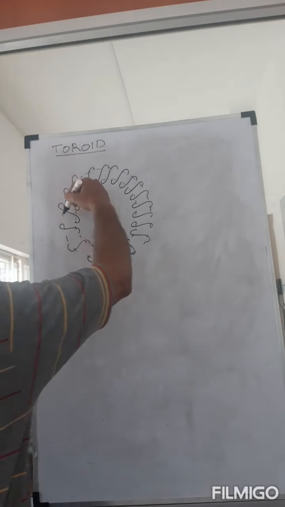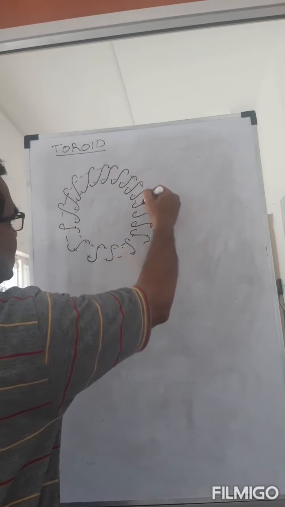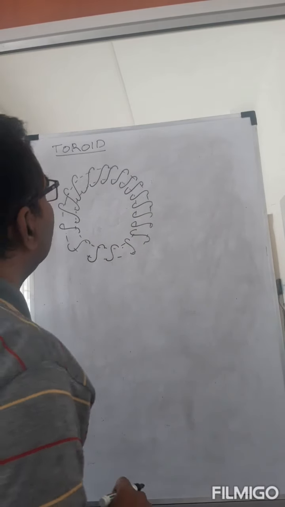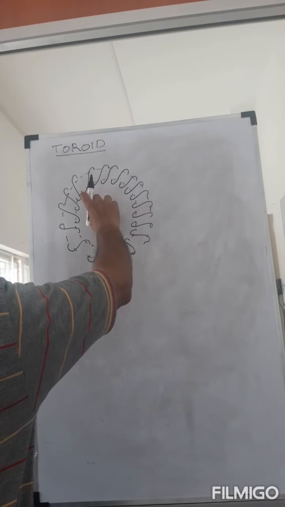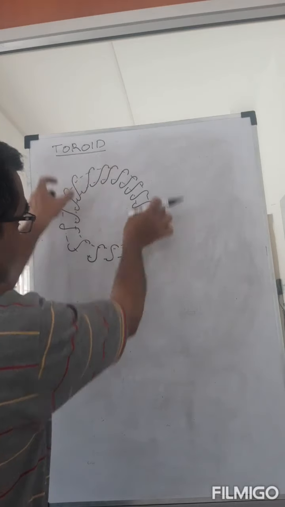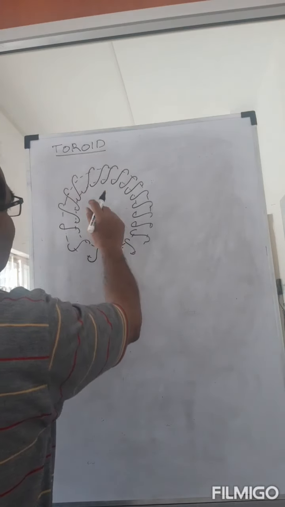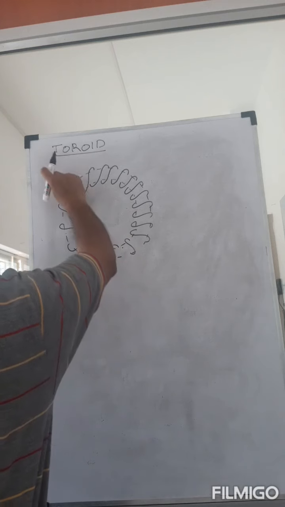Okay. So I'm going to find the field inside the toroid and outside. Outside the toroid in this place and also here.